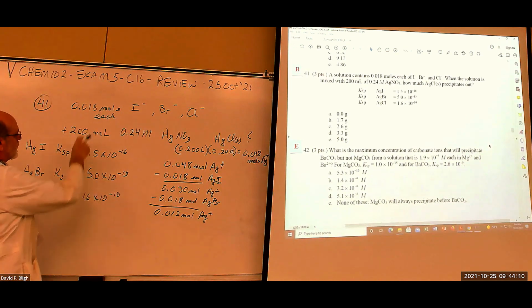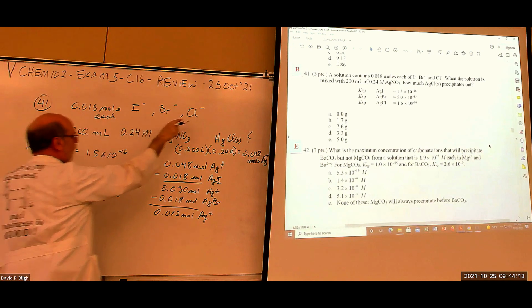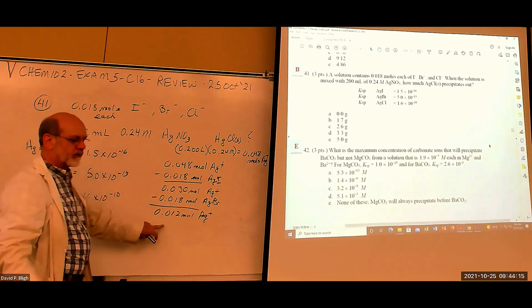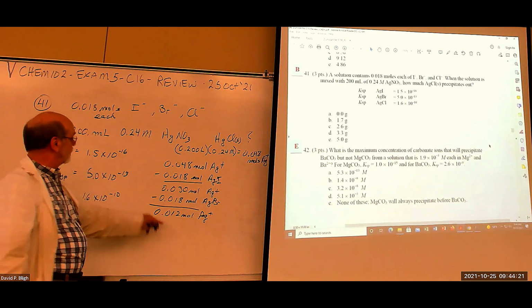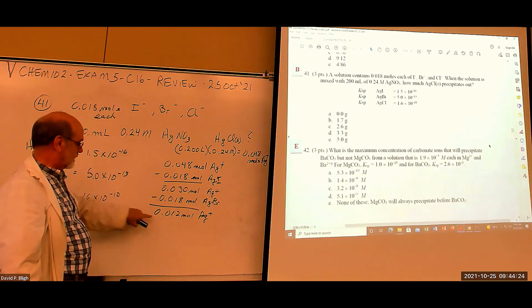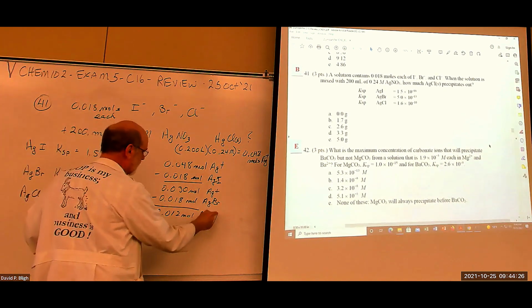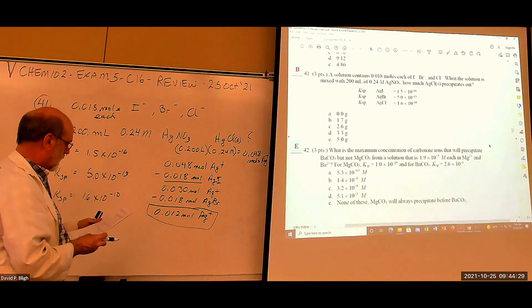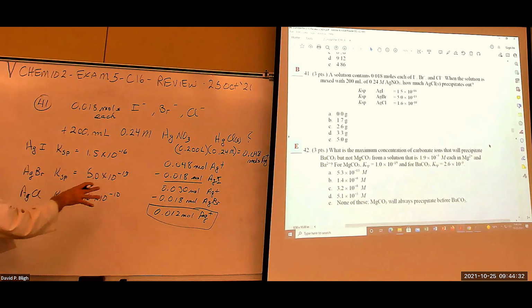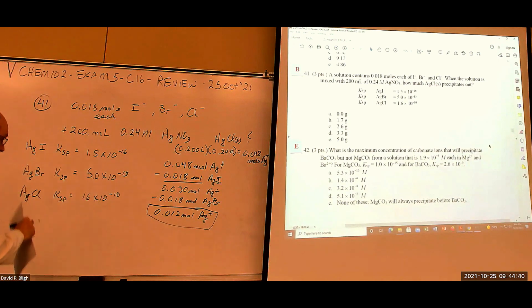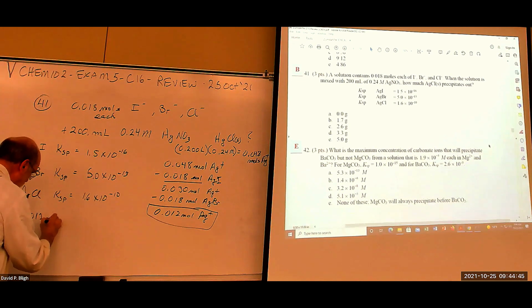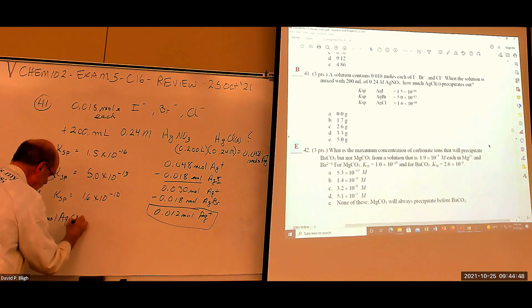So even though we have 0.018 mole of chloride, the silver is limiting. If it were 1 to 1, if it was stoichiometric, then we could make that much, but we can't. We can only make this much. So that's how many moles of silver we can precipitate as silver chloride. All right? So how much silver chloride precipitates? Well, these are 1 to 1, so 0.012 moles of silver chloride.